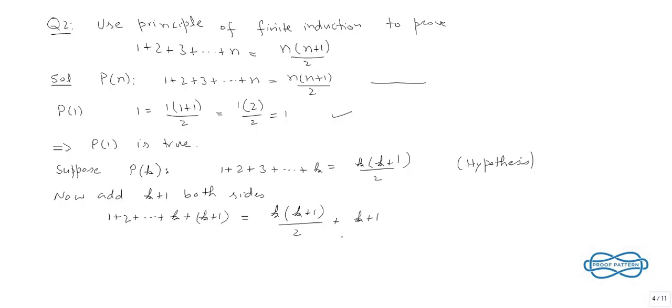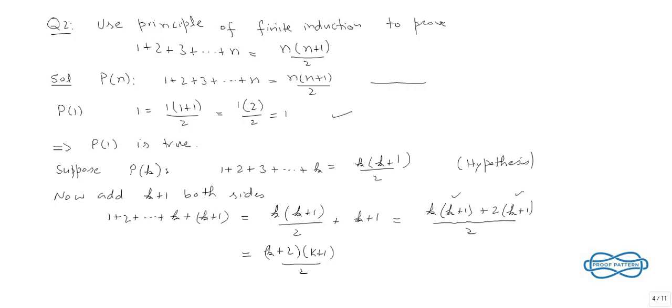If we rearrange it, taking the LCM, and take the common factor k plus 1 from both terms, we get the remaining k plus 2 into k plus 1 over 2.